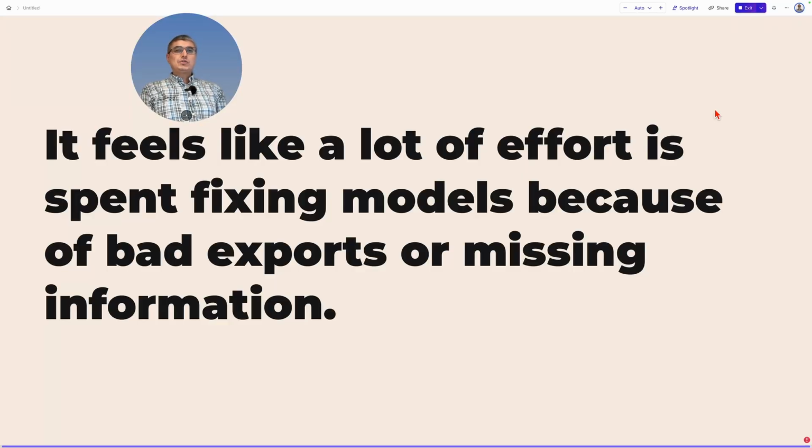I should also add the fact that the way that you are modeling also has a big impact in how your exports are going to be. Because if you model in your default way without thinking about how this information is going to be conveyed after that into IFC, of course you are going to end up with problems.